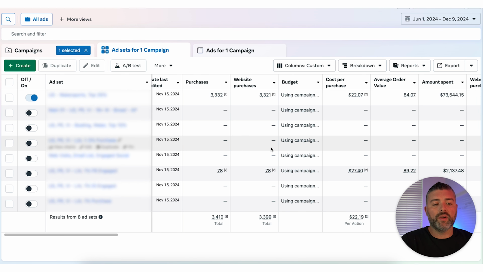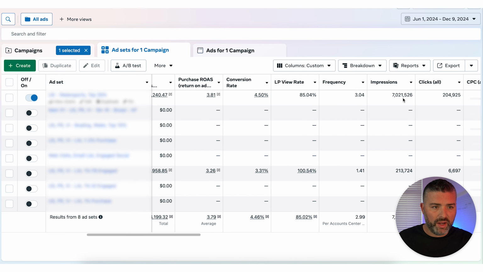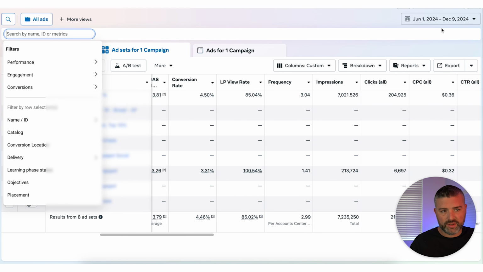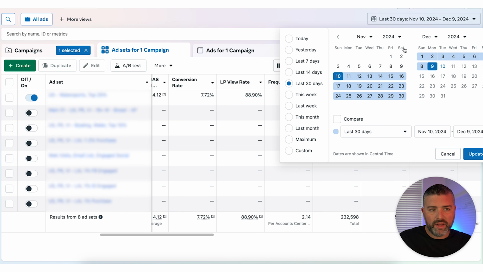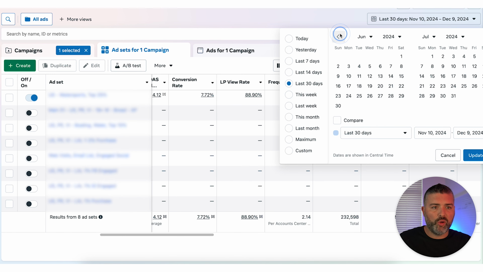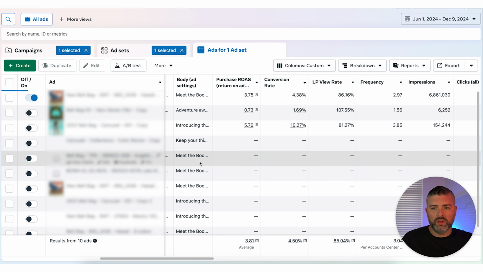So in theory, what's not happening in this ad account is actually the most important part, and nothing is happening other than running with what is working, which based on frequency, we're at a 3. Let's just check the last 30 days, we're at a 2. So the audience is still there, the size is still there, but what we're not doing is testing.